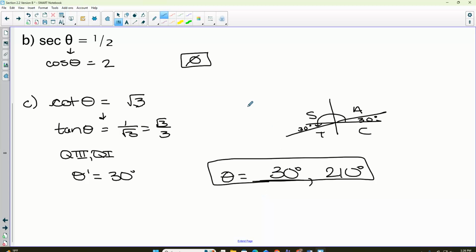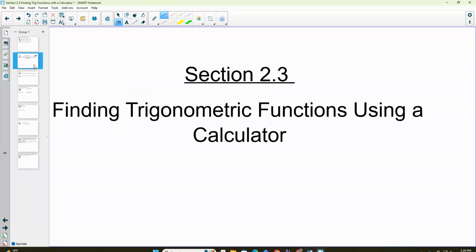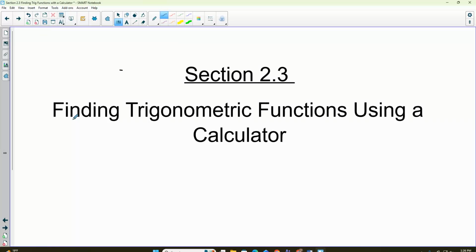Okay. I'm going to go ahead and do the second section, but I promise it is short and sweet. Just a couple examples.